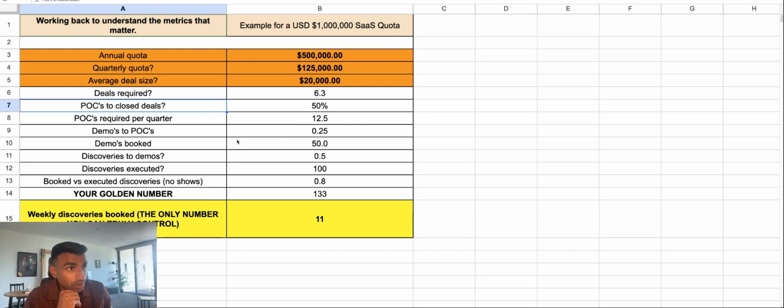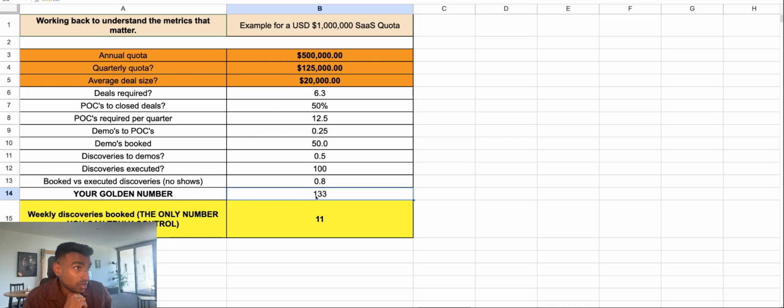Long story short, what it takes you through is how many proof of concepts to close deals, how many proof of concepts you then require to be able to close these deals, how many demos will go to proof of concepts, how many demos you need to book, how many discoveries to demos, and then your booked versus your executed discoveries. So you factor in some no-shows, and then that looks at your golden number.